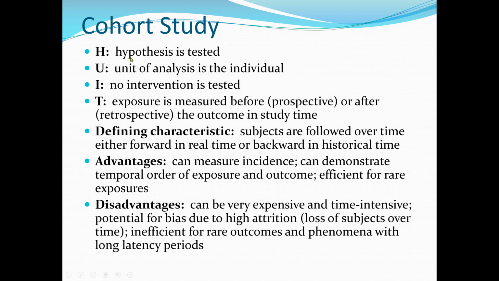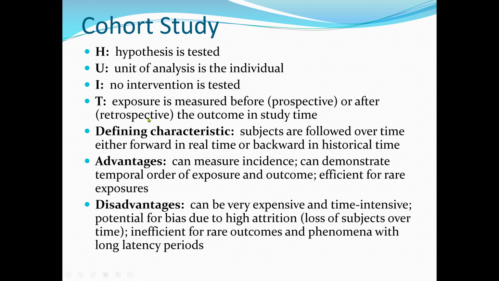So in this design, individual subjects are followed over a time period to measure the exposure when it happens in real time or historically. Then we measure the outcome at a point in time after the exposure. So cohort study means there's timing: exposure is measured before, which is prospective, or after, which is called retrospective.